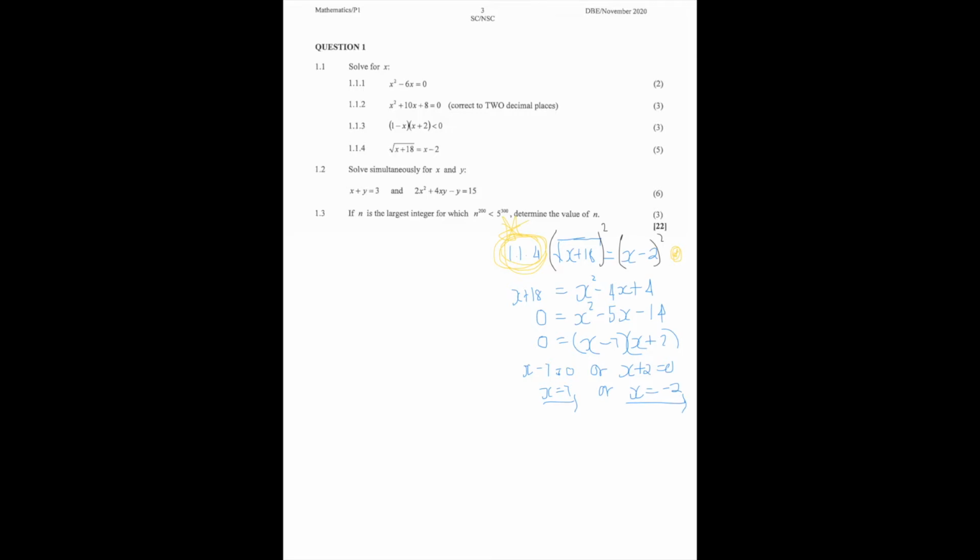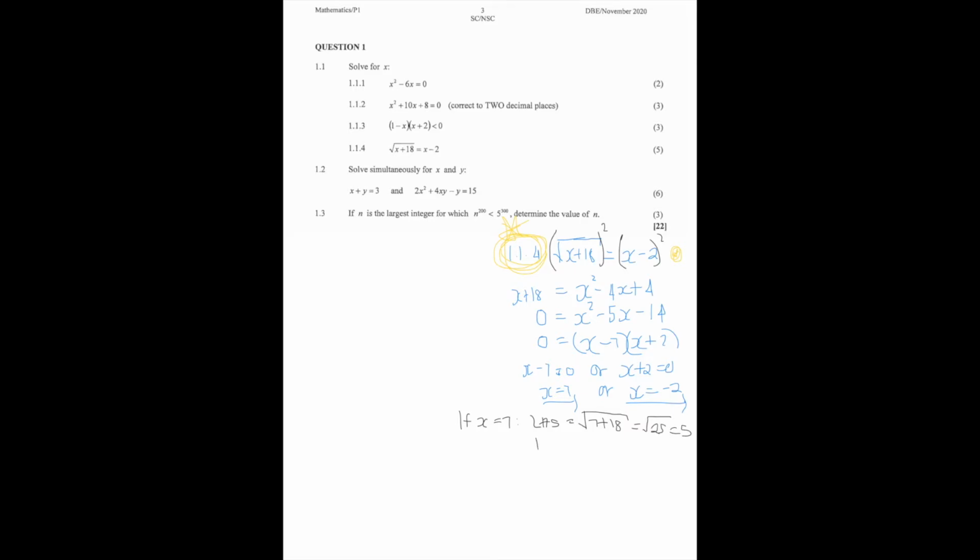So if we check, if x equals 7, then the left hand side will equal the square root of 7 plus 18, which equals the square root of 25, which is 5.